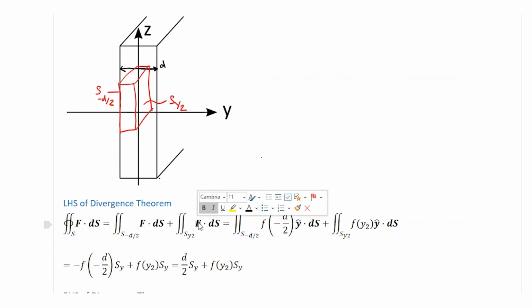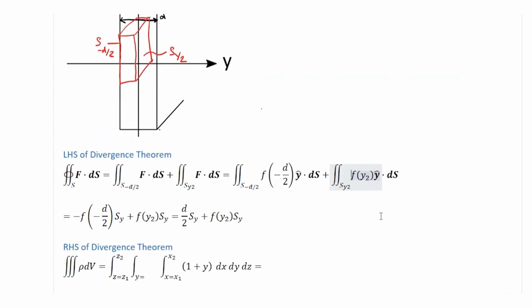For this one, I did the exact same thing, plugged in F of y2 times y hat. Then I used the fact that on this surface, we have dS going in the negative y direction. So this dot product is equal to negative dS, where dS is a scalar.